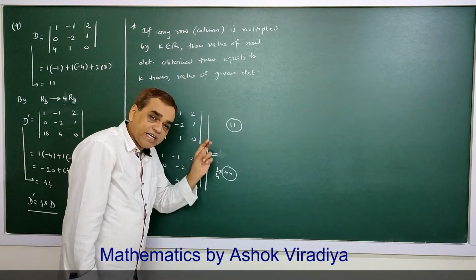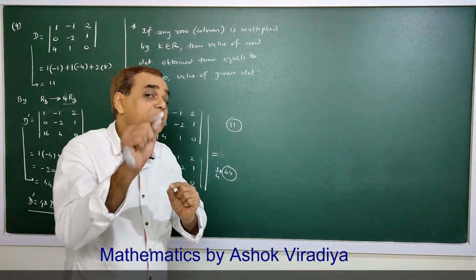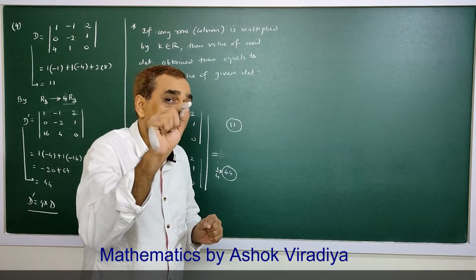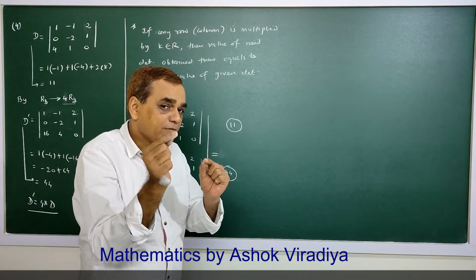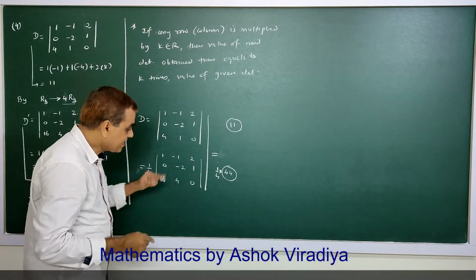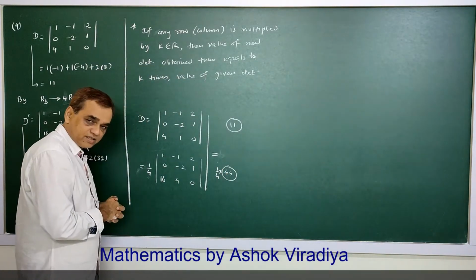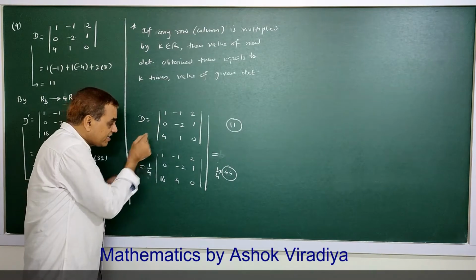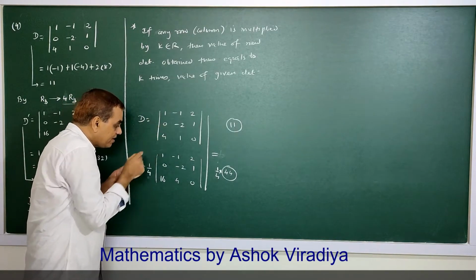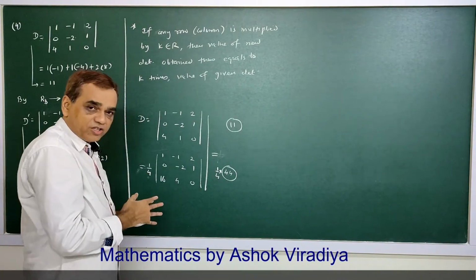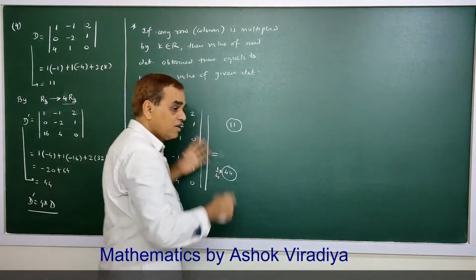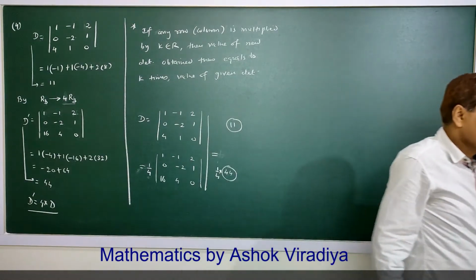Dividing any row or any column by 5 means you are multiplying by 1 upon 5. And whenever you multiply by any number k, then in the next step, divide by k. So here divide, here multiply. If here multiply, here divide. So this will be the way of application of this rule when doing questions.